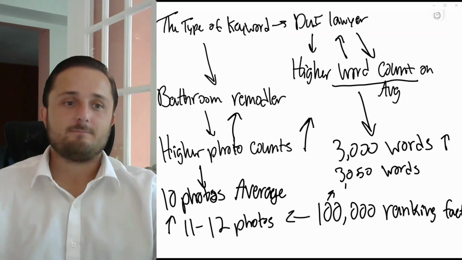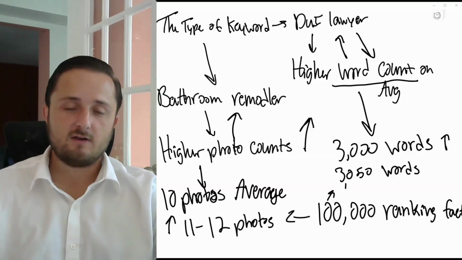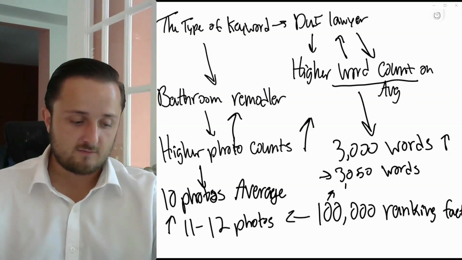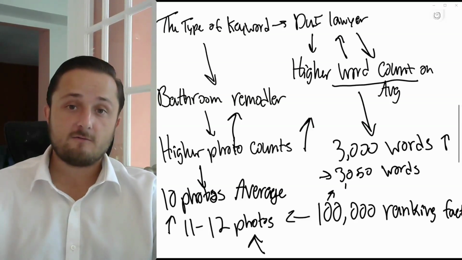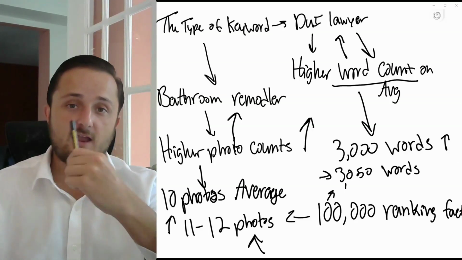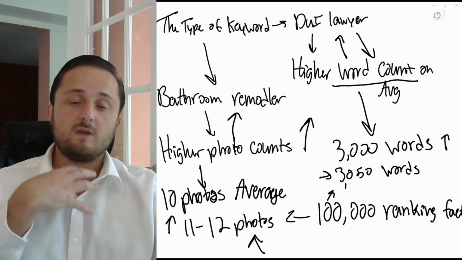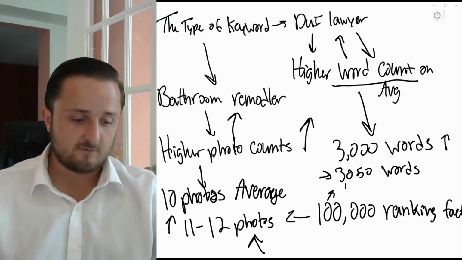By looking at what is currently ranking, we can get an idea of what it takes. As an example, we can look at the word counts of the pages. We can look at how many photos the competition in that area have, so that we have an understanding of what we need to do to your pages to help them rank, right?